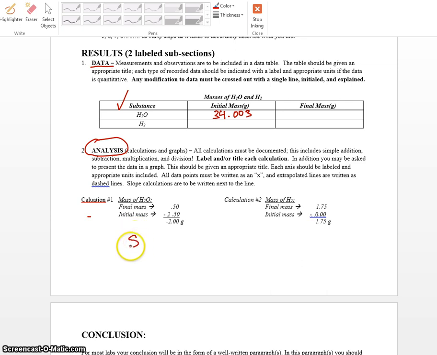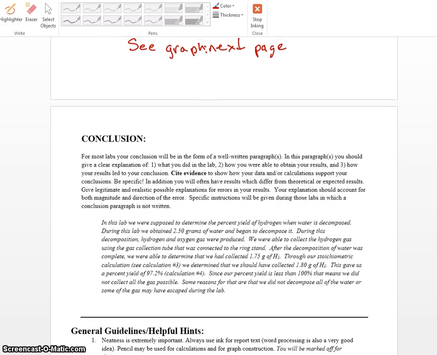Like you might say something, see graph next page, or something like that. See graph end of report, or last page. If your graph is not in this part, or you don't indicate where to find it, you will lose a point. Okay, let's move on now to the conclusion portion.